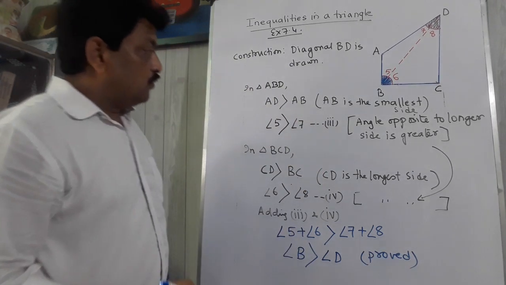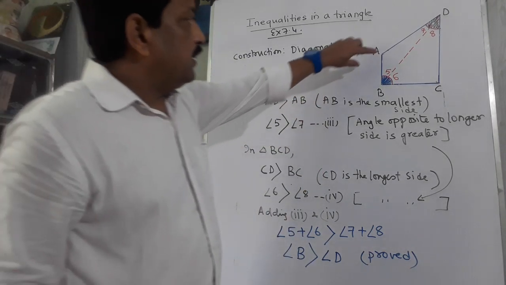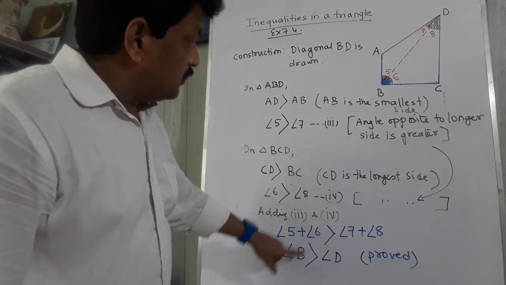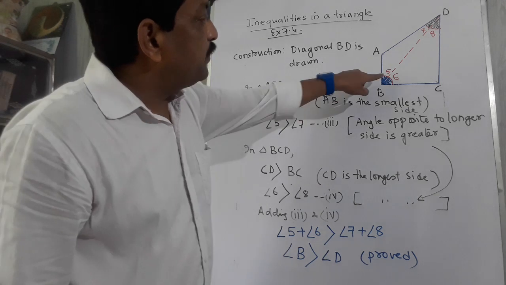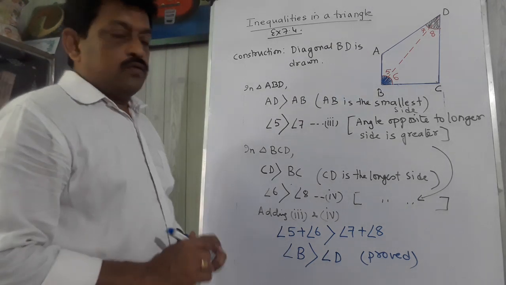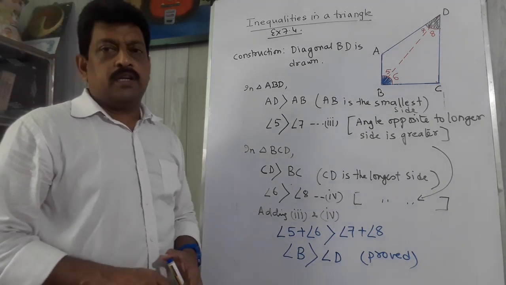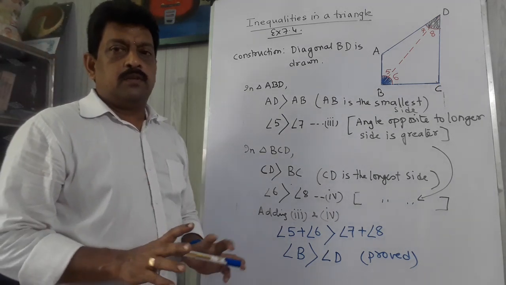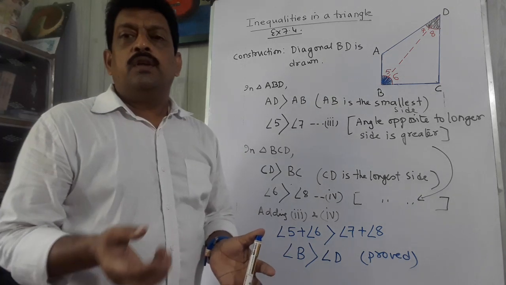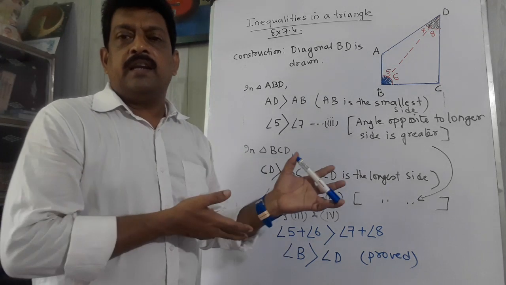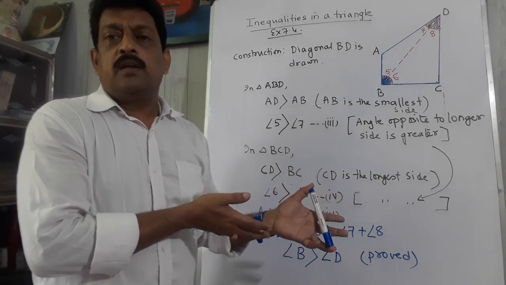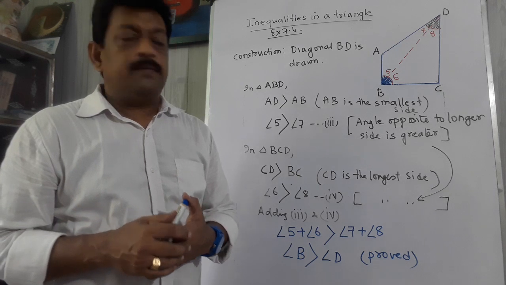In the question we have to prove that angle A is greater than angle C. So it has been proved earlier, and the second question was to prove angle B greater than angle D. So that is what we have proved. So the sum is bigger, but it is easier than others, because here we only have to use the theorem that if a side is longer, then the angle is greater, and if a side is smaller, then the angle is also smaller.